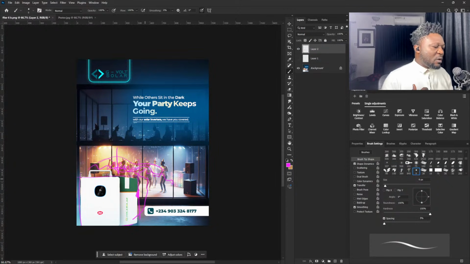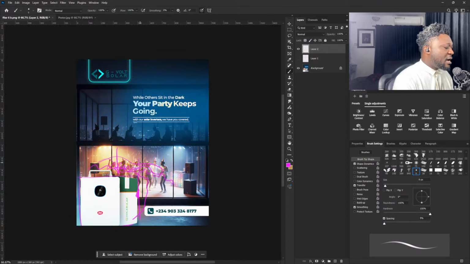So the best way to work with images like this, or product images, is to not place anything close to it, so as to not affect the beauty of that product.